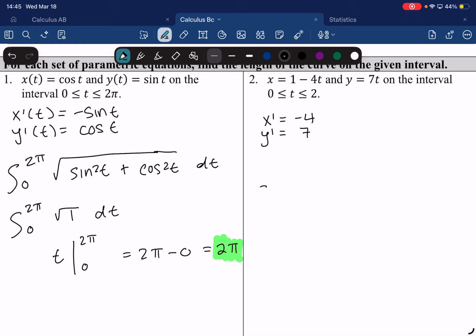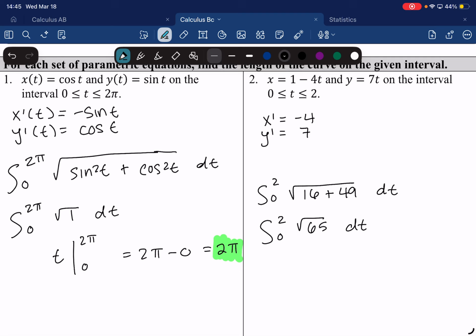So then we do the integral from 0 to 2 of the square root of x prime squared, so negative 4 squared is 16, plus y prime squared, so 7 squared is 49, dt. Simplify that, and we get the integral of the square root of 65 from 0 to 2 dt.